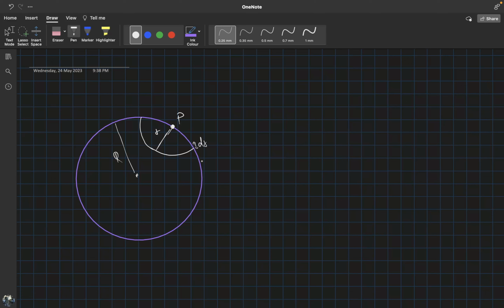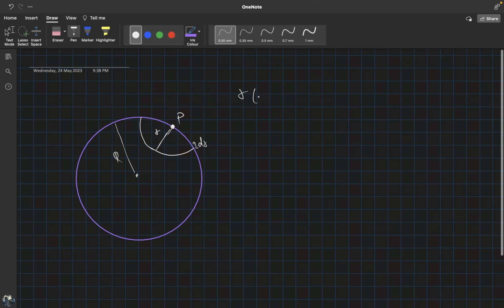Thickness is dr. We can write the charge on it as sigma into whatever angle you take. Let's say we take 2 theta as the angle. So firstly the area will be r into 2 theta into dr, correct?